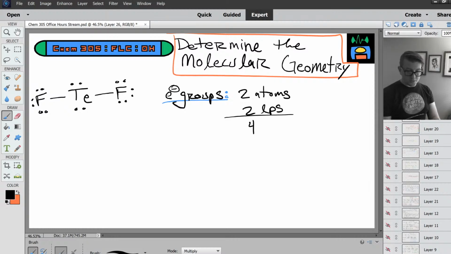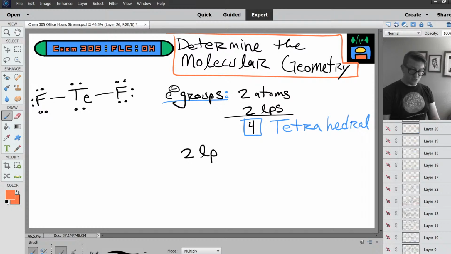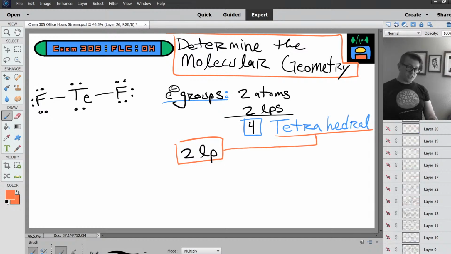So that's 4 electron groups, which means our electronic geometry is tetrahedral. All right. But as we know, when your electron groups are lone pairs, it changes your molecular geometry. So a tetrahedral electronic geometry together with 2 lone pairs means that our molecular geometry will be bent.